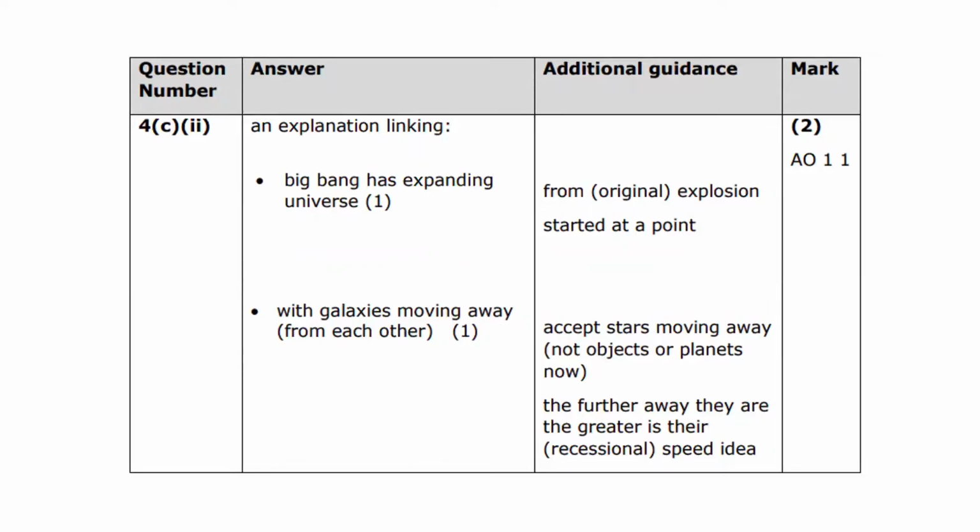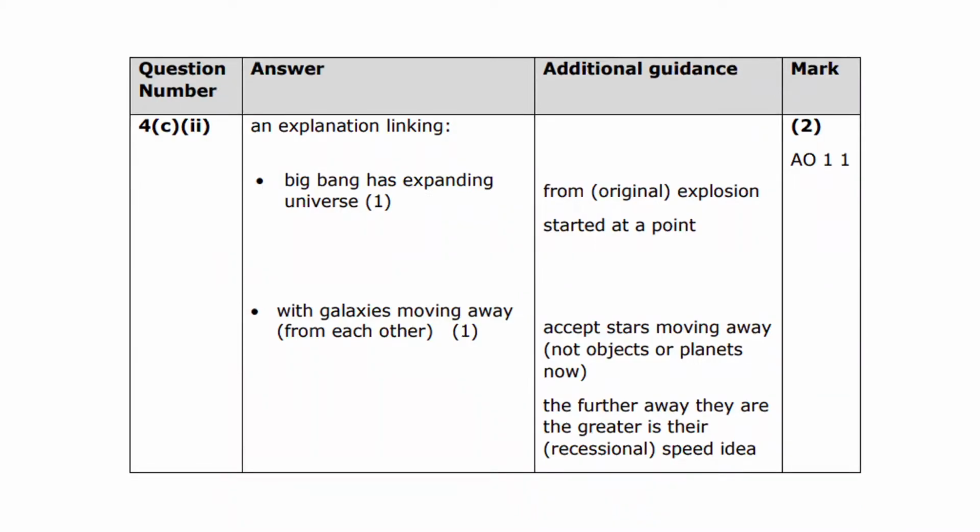If the galaxies are moving away from each other, they are redshifted, which means the universe is expanding. It means it started from a certain point. So you say the redshift indicates that all the galaxies are moving away from us and each other.